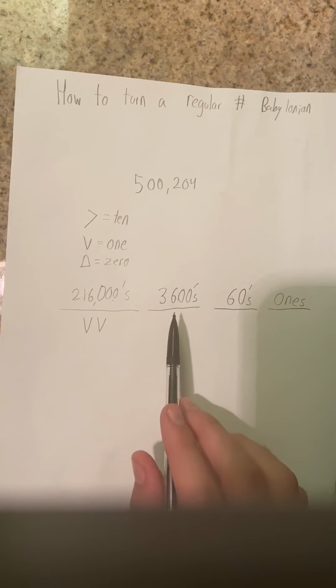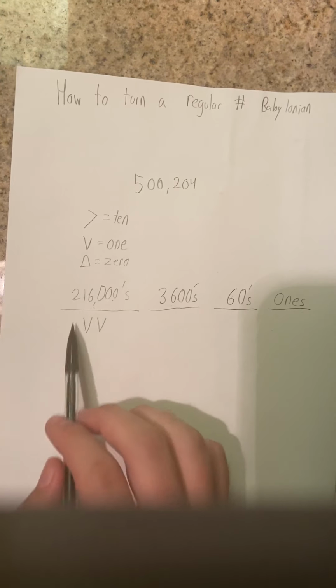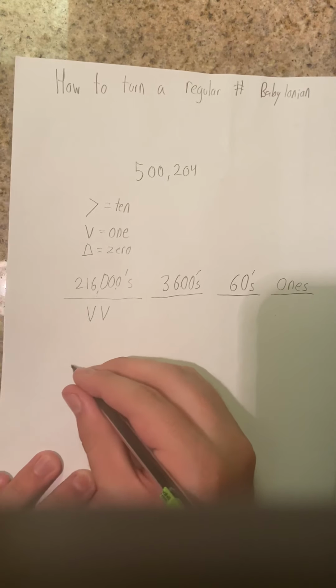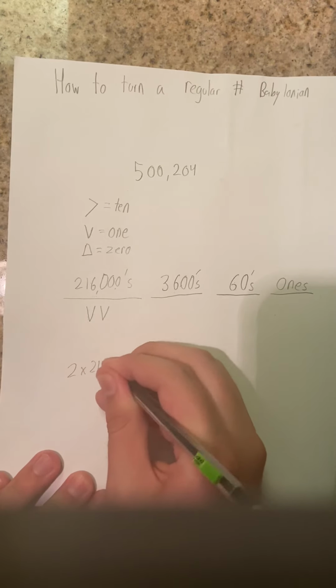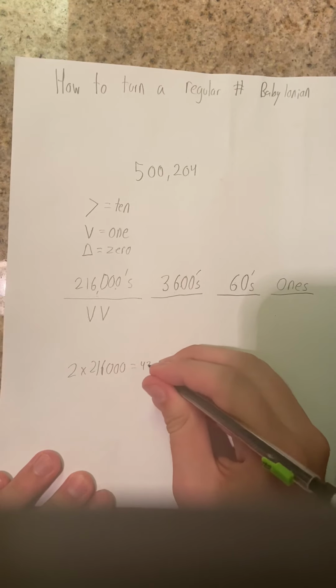Now we're going to move on to the 3600ths place. So we have to ask ourselves, how much is left over after we did this? Well, 2 times 216,000 is 432,000.